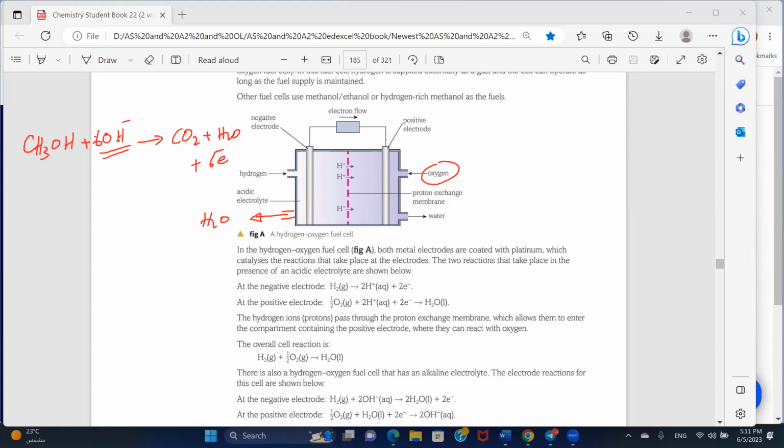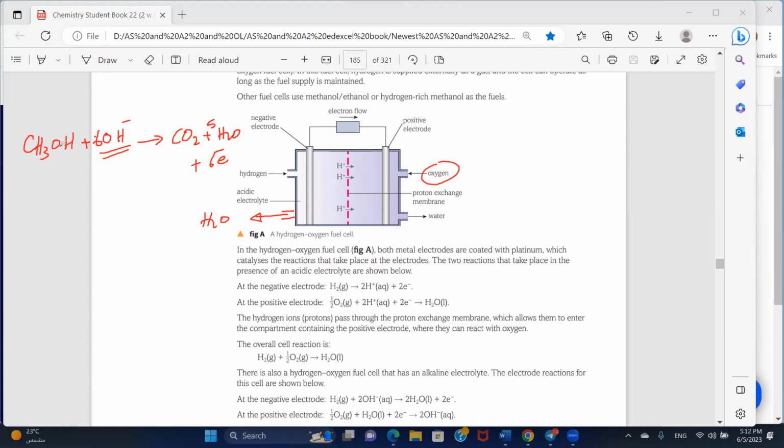Here we have 6 and 4 hydrogens, so 4 and 6 makes 10, giving 5 water molecules. Is it balanced like that? I think it's balanced. 5 oxygens plus 2 makes 7 oxygens.